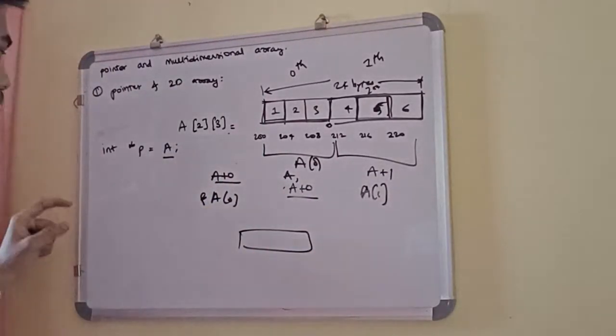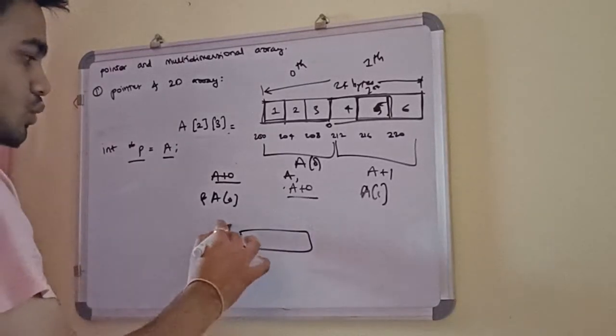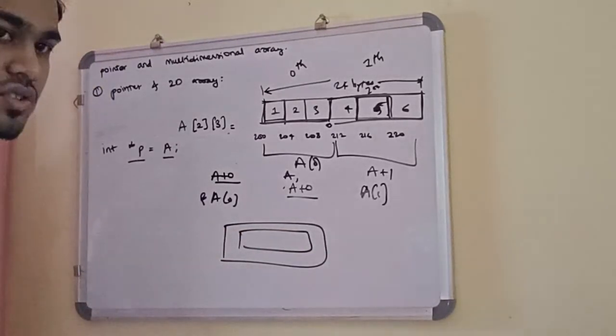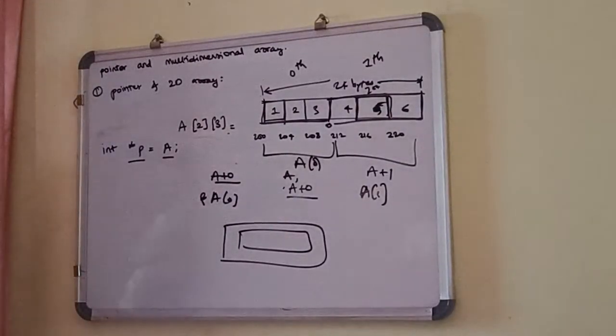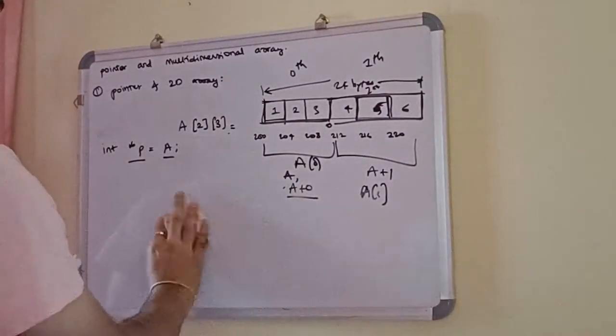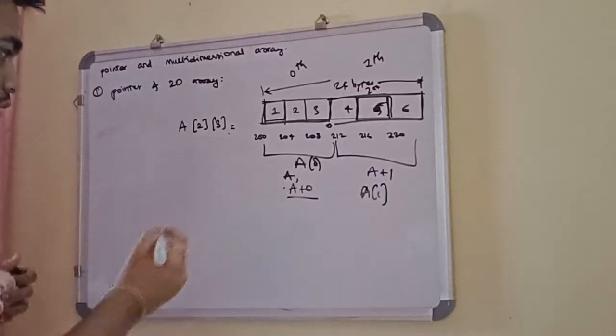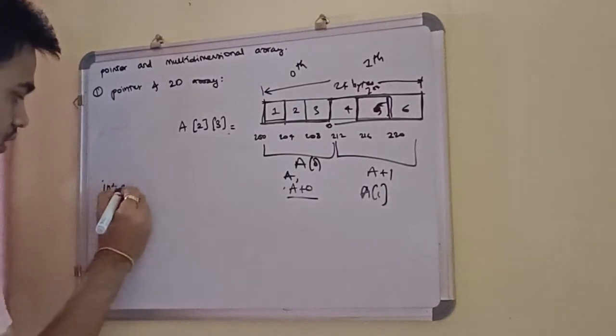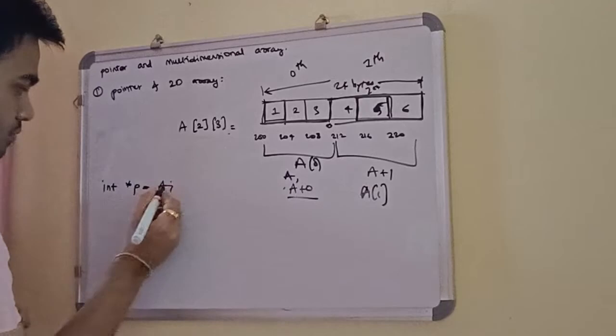And what we are doing is assigning a pointer to this whole 1D array, which is completely wrong. So the following statements are completely wrong. The first is int star p is equal to a. This is also wrong.